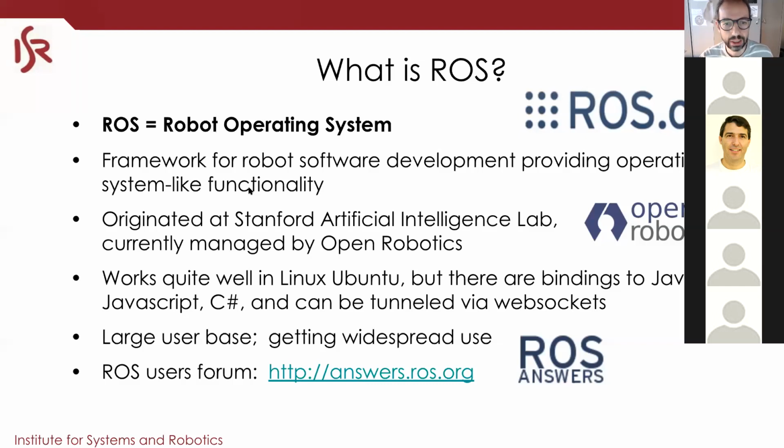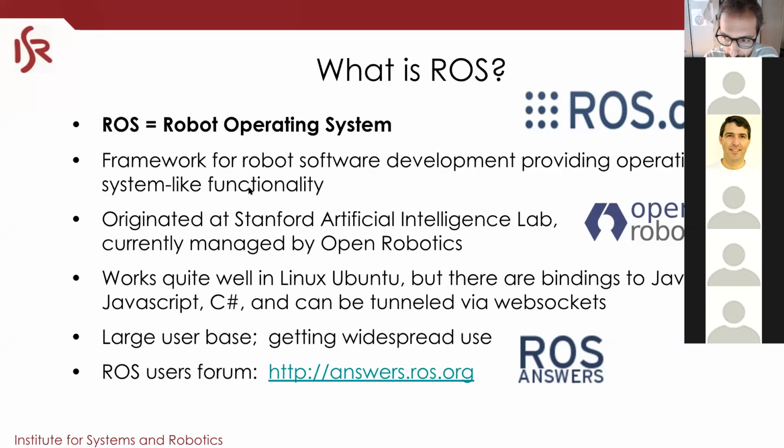It originated in Stanford Artificial Intelligence Lab, and now it's currently managed by Open Robotics company. It works in multiple operating systems, even though it really works nicely without any trouble on Linux Ubuntu. Historically it became more specific to Ubuntu, and it can be used for many programming languages, even though the main ones are the ones that we asked you about.